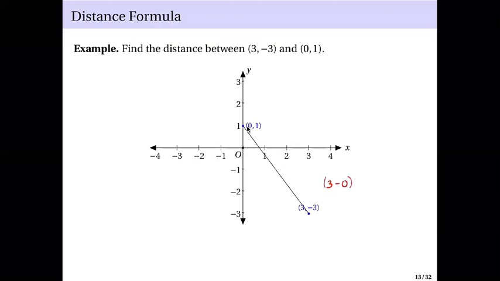You square that, plus the y coordinate here, which is negative 3, minus the y coordinate there, so minus 1, and then you square that. You get the square root of this, and this is equal to the distance. So just the coordinates of the points. It's more than enough for us.